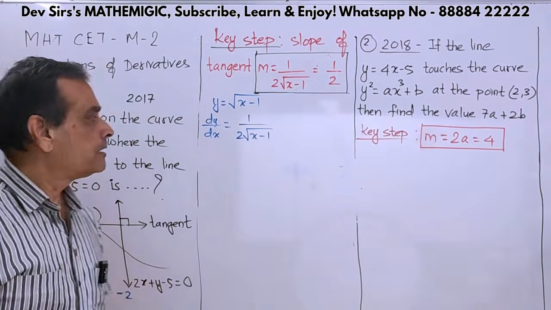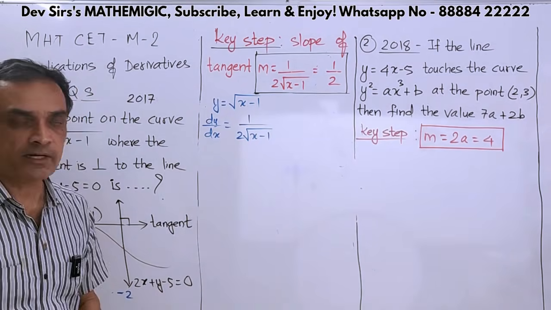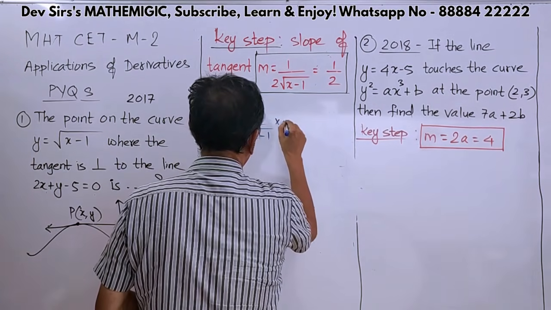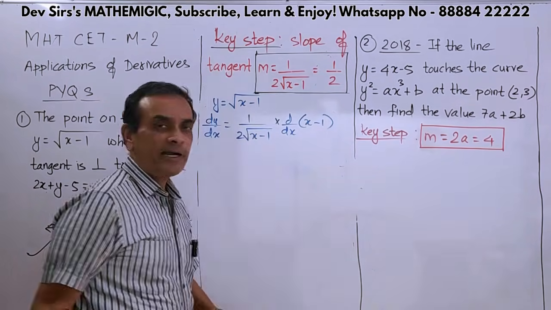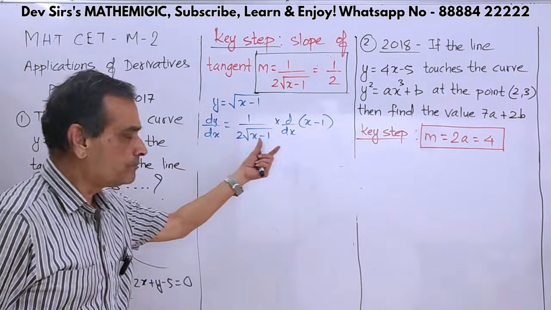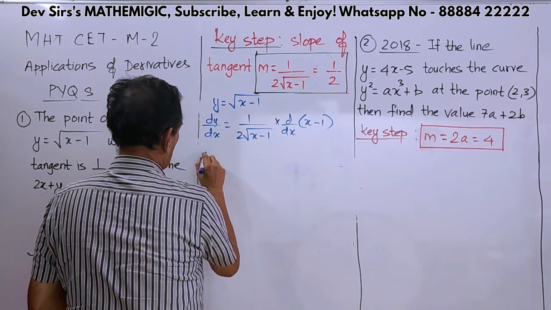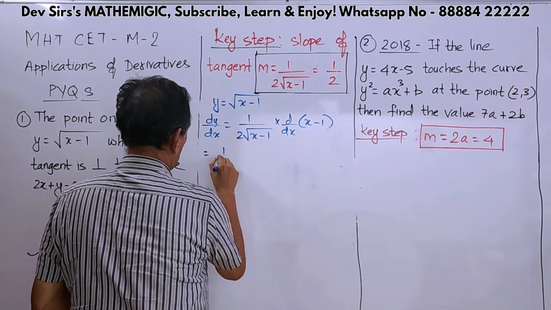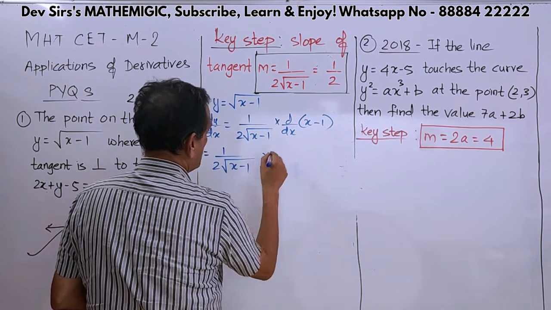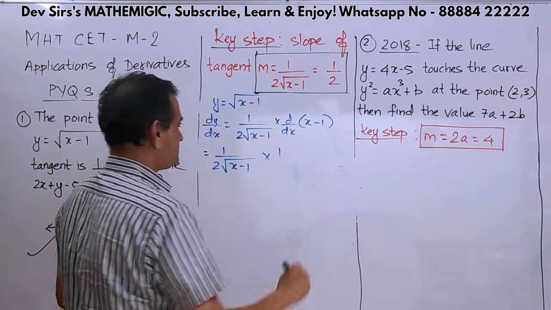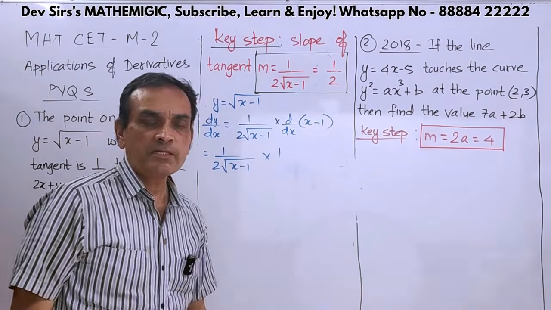Derivative of root of x minus 1 is 1/(2 root x minus 1) into d by dx of x minus 1. चेन रूल, कॉम्पोजिट फंक्शन का रूल. d by dx of x is 1. d by dx of minus 1 is 0.